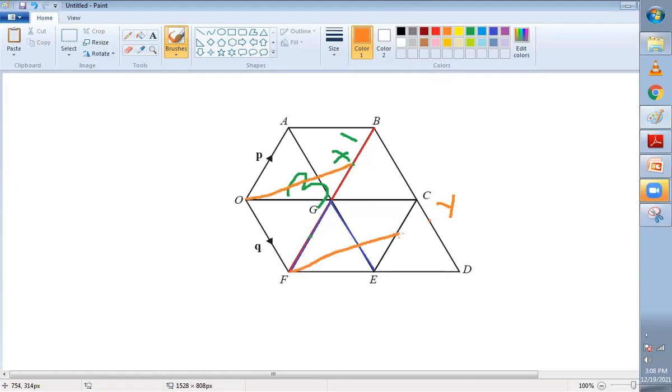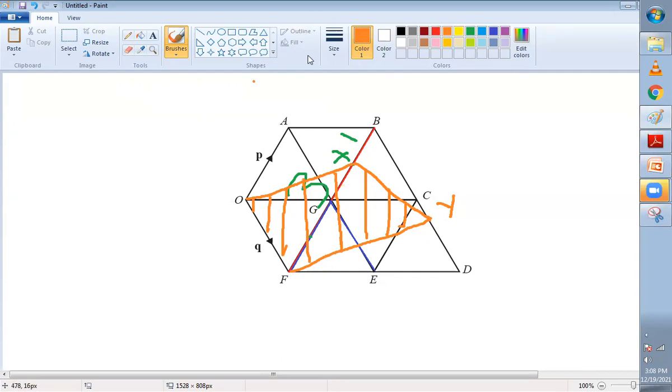He says that OXYF is a trapezium. You can see this trapezium. In every trapezium, you know that a pair of sides is parallel and a pair is not parallel.